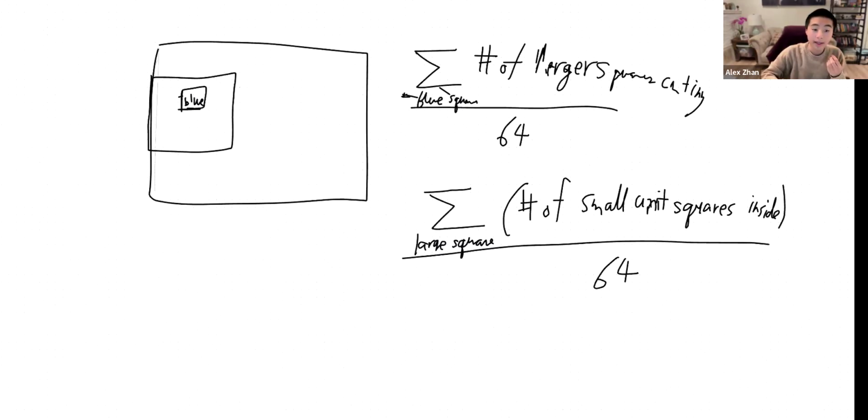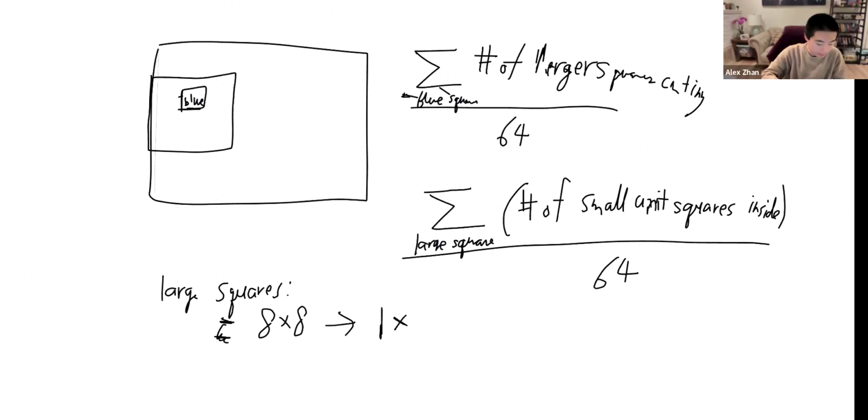So first of all, how many 8x8 squares are there? If we first talk about 8x8 large squares, there's one such square, and this one square has 8 squared different small squares inside.